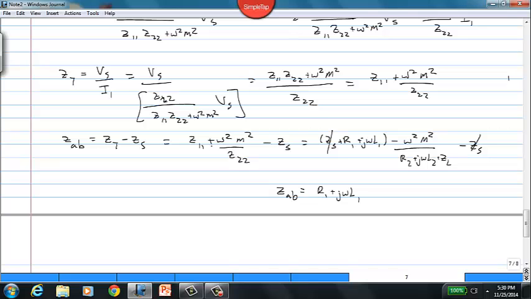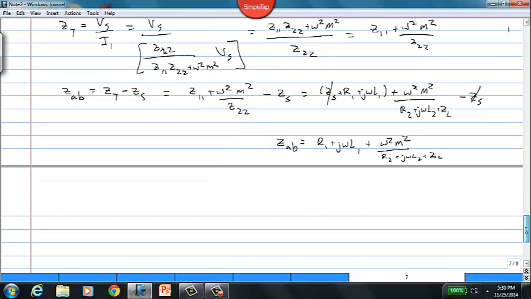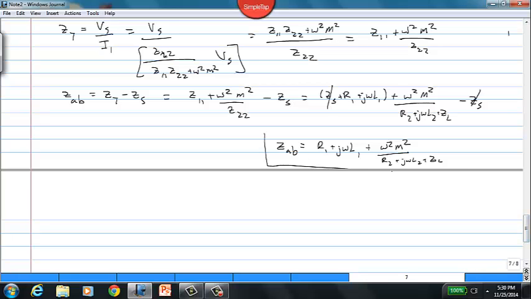I forgot a plus sign here. Plus omega squared M squared over R2 plus j omega L2 plus ZL. So this formula here gives you the total impedance of the transformer.